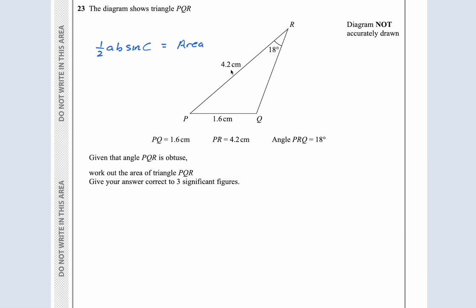So this is A, this is B, and this is C. This is my angle. Let's call it theta. So I need to find that angle. Now I can't find this angle yet because I don't have this side. So I can't use the cosine rule because I don't have this side, and I also can't use the sine rule because I don't have this side. So I can't find this angle. But I could find this angle here.